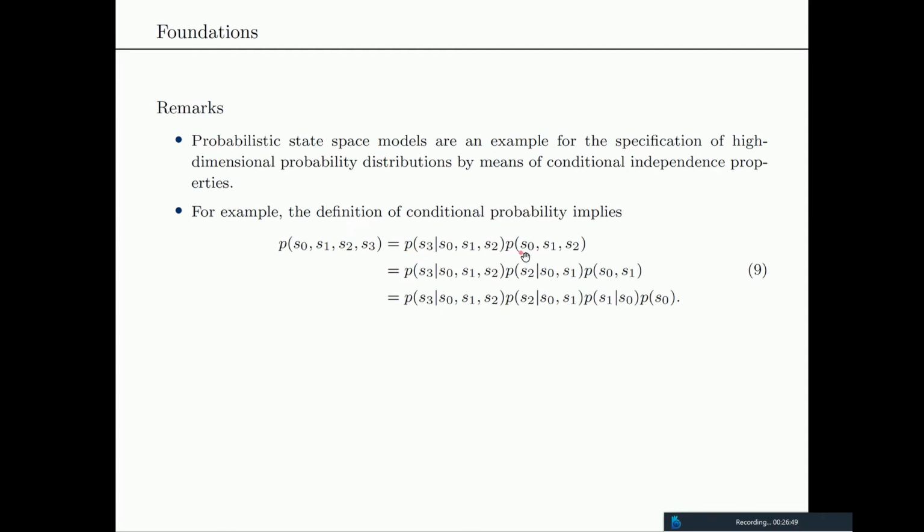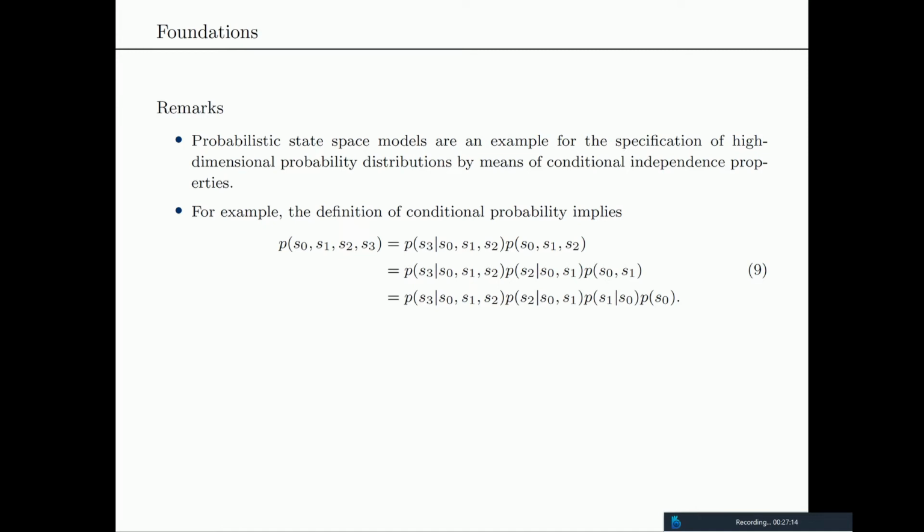So if you multiply them, you get again the joint distribution. Then you can split up this distribution here and write it as this product, and you can do that once again. Here, you don't need any definitions. This is just a definition of conditional probability. But this means that's the natural decomposition of a joint distribution based on the definition of conditional probability.